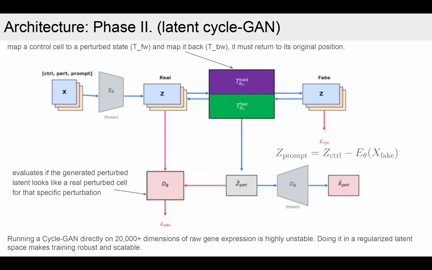A big advantage of this is that we can apply it to perturbations that were not present in the training datasets, because we introduced a mechanism where we have the latent representation of a control cell, the gene expression vector of the normal control measurement.